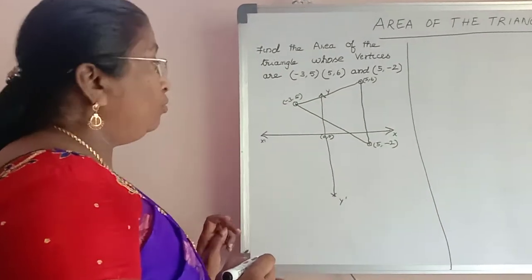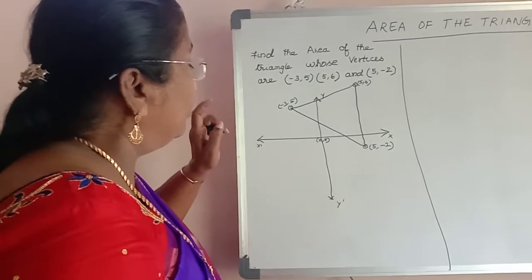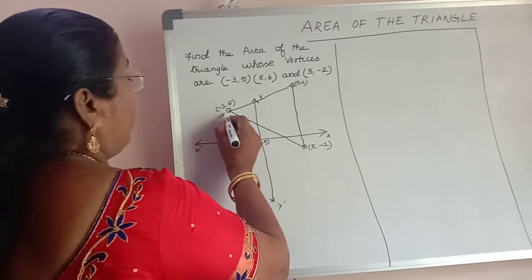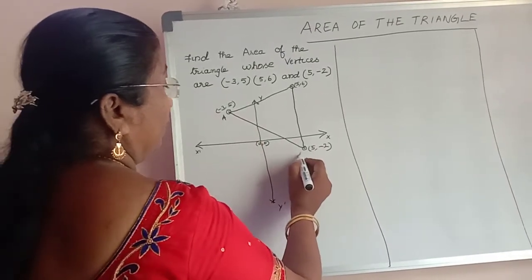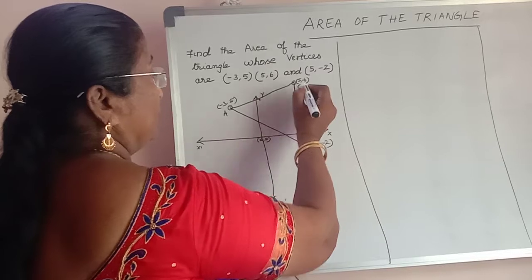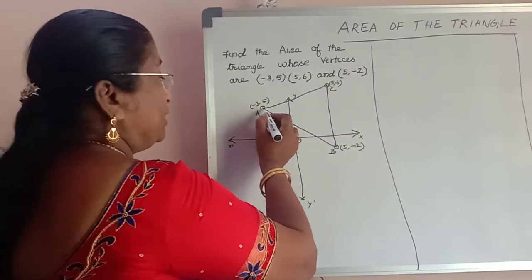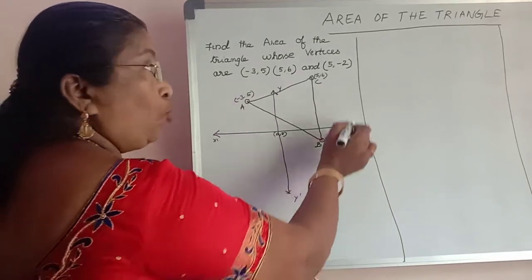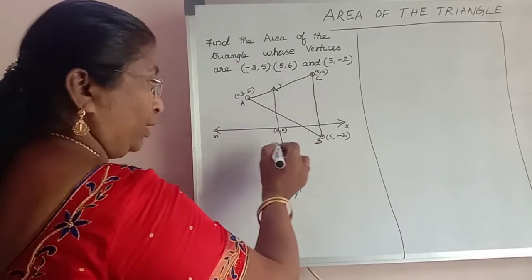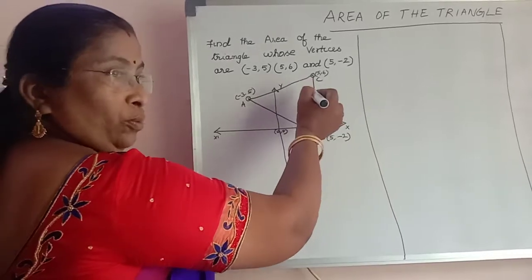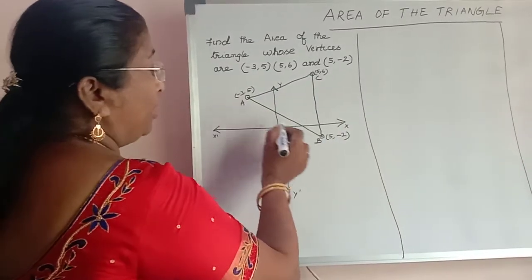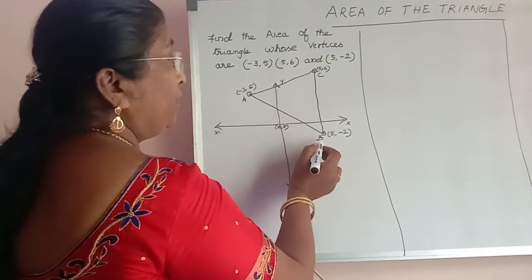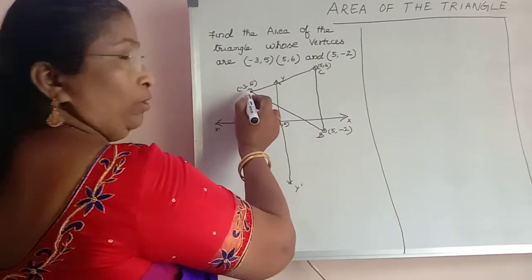Now we have to assign the vertices for this. So let us assign minus 3, 5 as A and this as B and this as C. Always when you assign the names for the vertices as A, B, C, you have to go in the counterclockwise direction. This is your clockwise. So you have to go in the counterclockwise direction. So A, then comes your B and then comes your C. You could have even taken A as this point, whereas B will be here and C will be here.